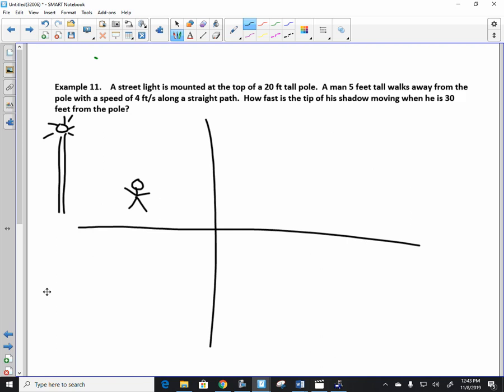He's walking away from the pole at a rate of 4 feet per second. How fast is the tip of his shadow moving when he is 30 feet from the pole?